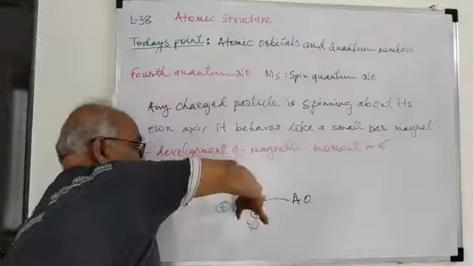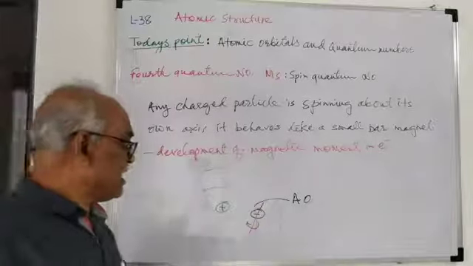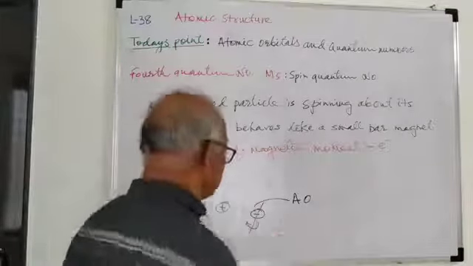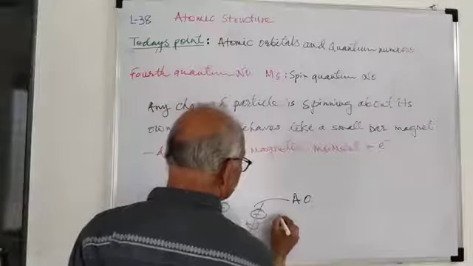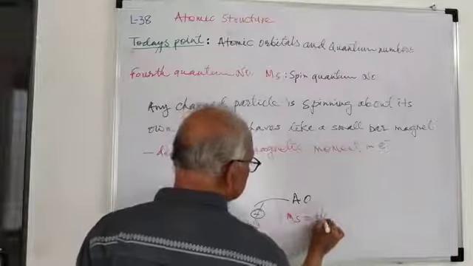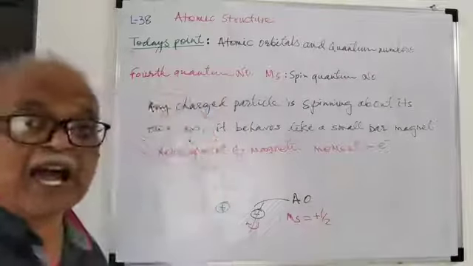When it is moving in this direction, it develops some magnetic moment, and in such case the ms value, that is spin quantum number value, is +1/2.